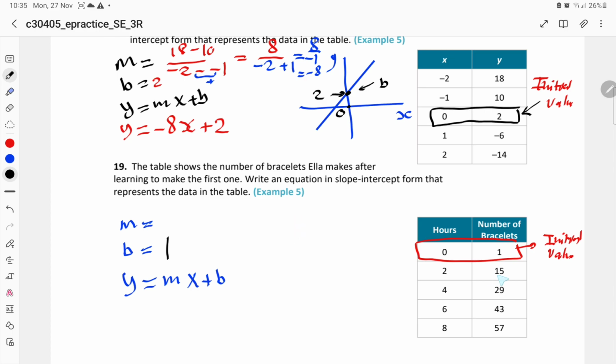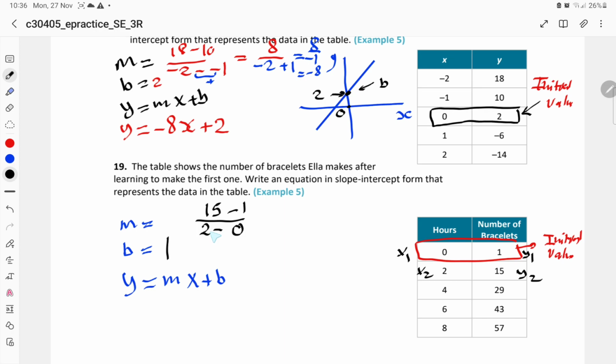Again, y2 minus y1 over x2 minus x1. Let's say this is y2, x2, y1, x1. So y2 minus y1, 15 minus 1 over x2 minus x1, 2 minus 0.